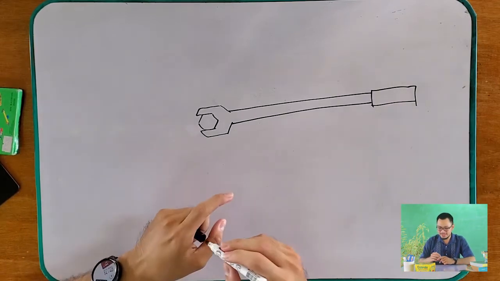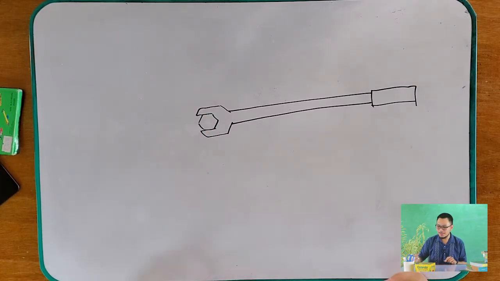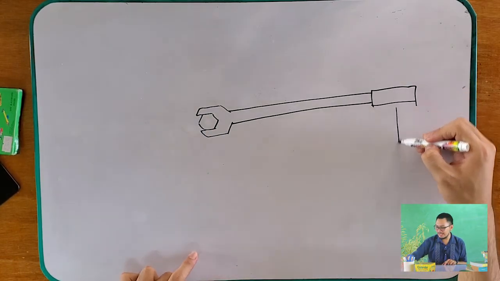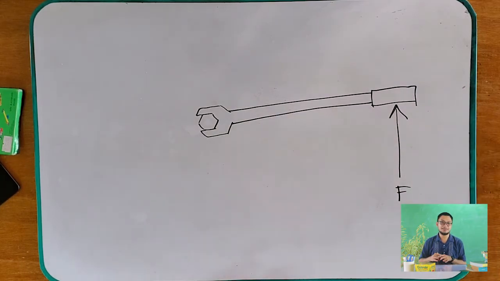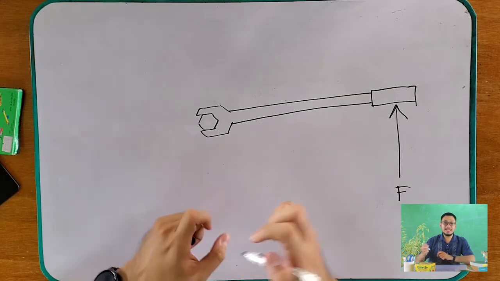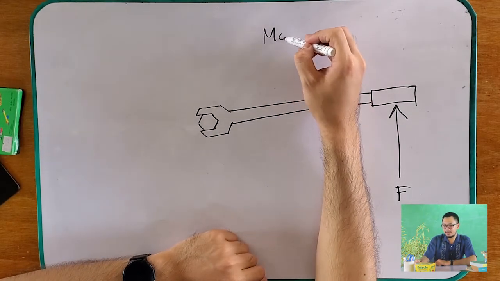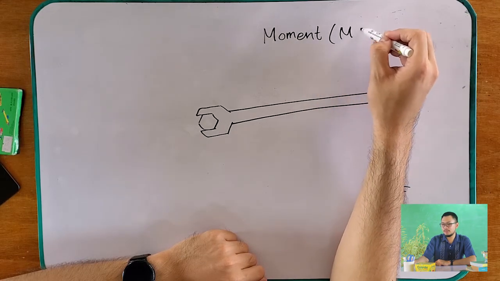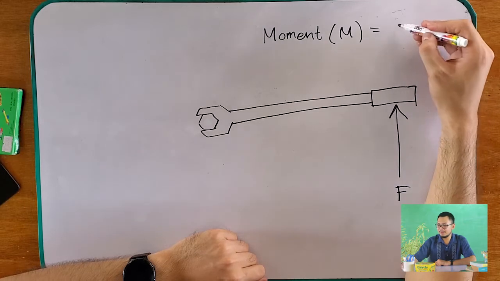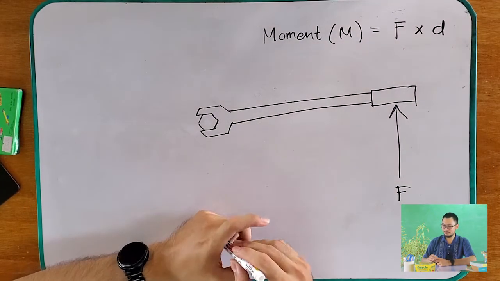In order for us to turn this bolt, we have to apply a force at this direction. Again, your moment can be determined through the formula force times distance.